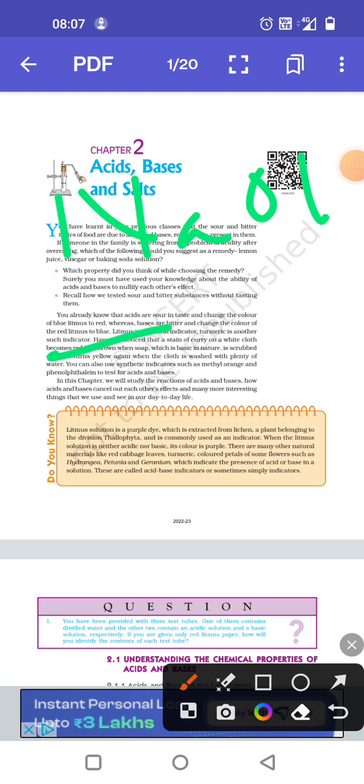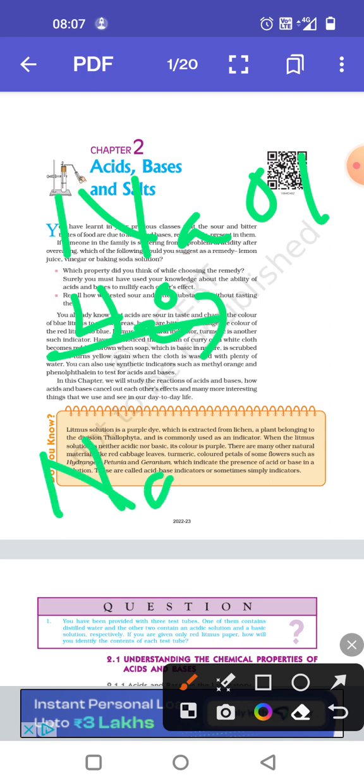This sodium hydroxide in aqueous solution, that means in presence of water, gives Na plus and OH minus ions.